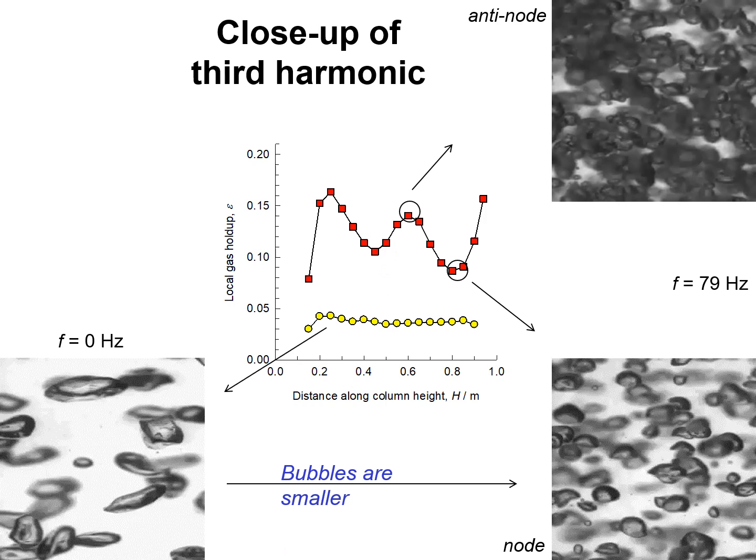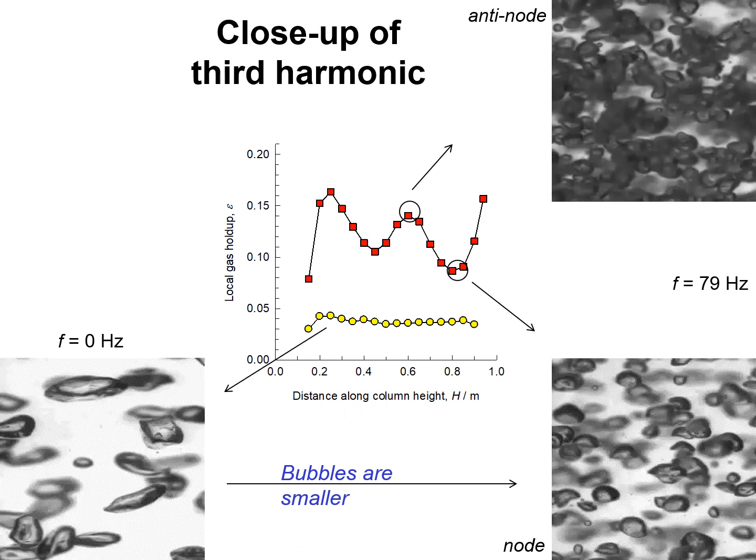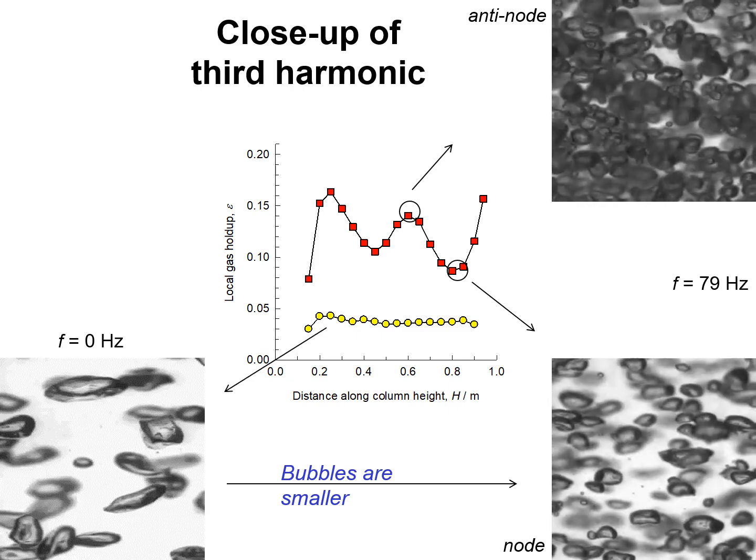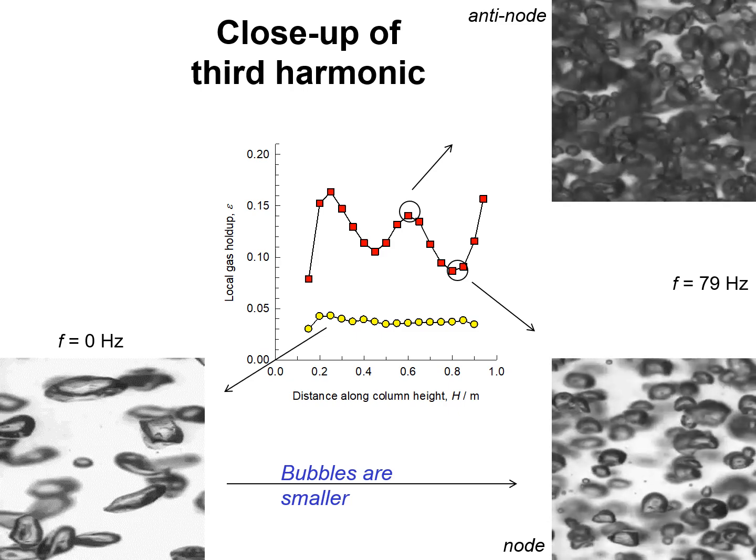Let's have a close-up of the column at the position corresponding to this antinode here, and the video recordings are shown here. You see practically uniform sized bubbles.